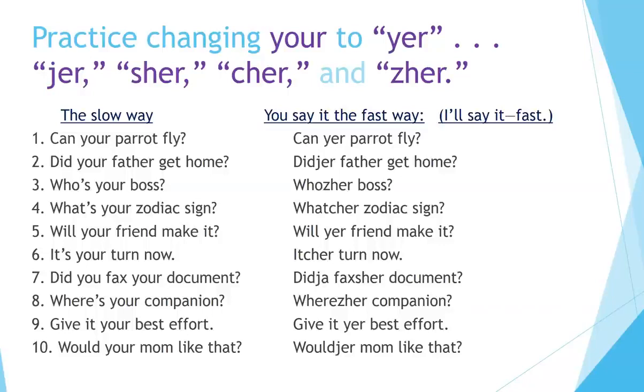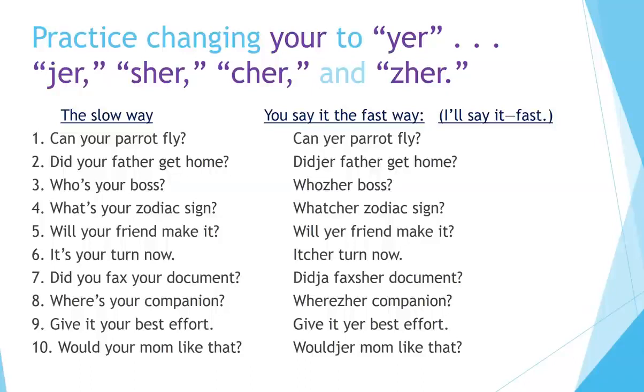Practice changing your to yer. Jer, sure, chur, and yer. We'll do it like we did the other one. I'll say it the slow way, then you say it the fast way, then I'll say it the fast way. Let's try number 1 as an example.